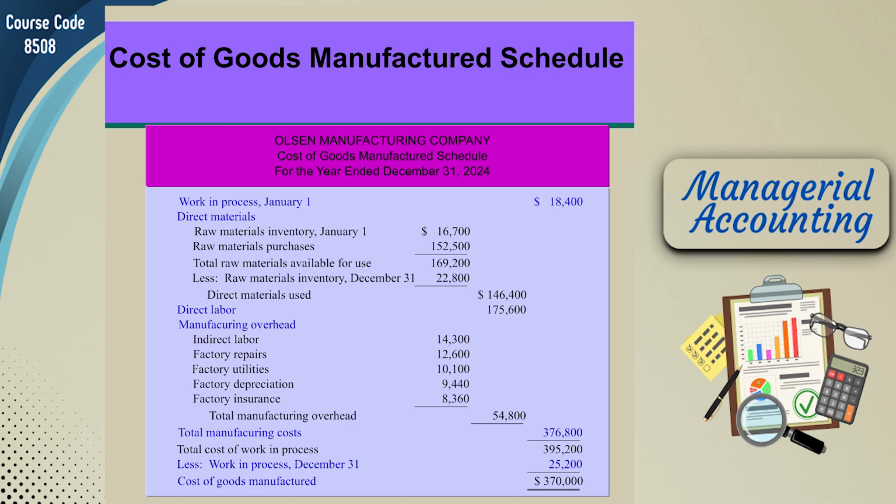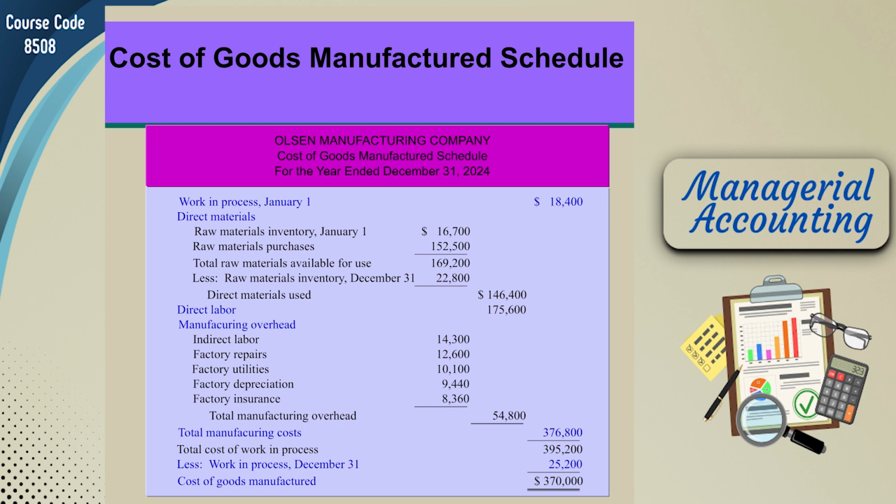And after getting this, we will deduct raw material inventory at December 31st here, but at the end of the period it may be June, it may be September or any other closing period. We will deduct the closing inventory from the available raw material and we will get direct material used, that is 1,75,600.